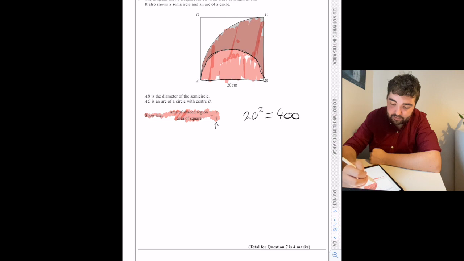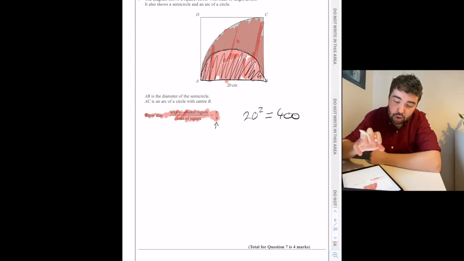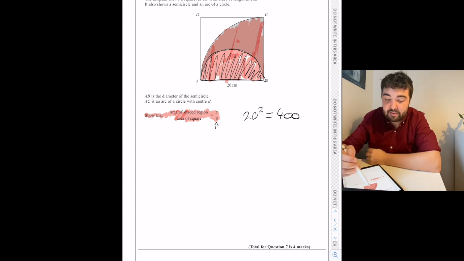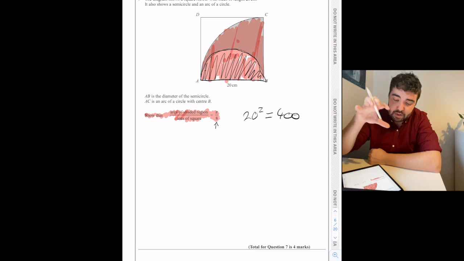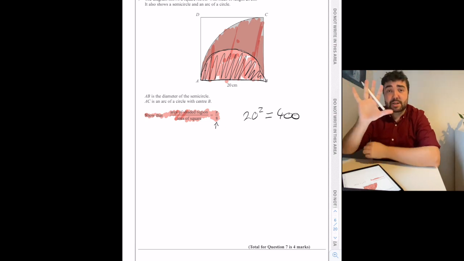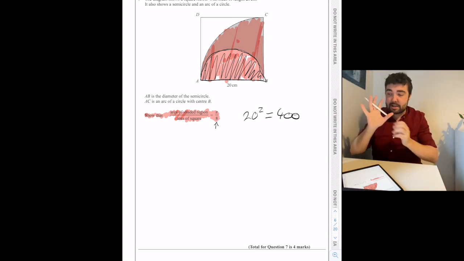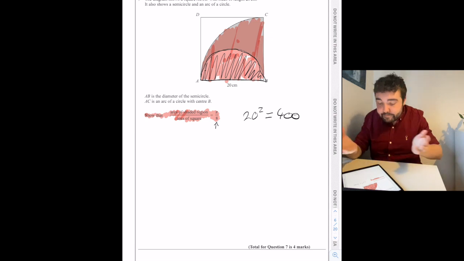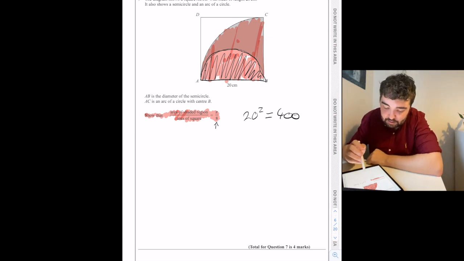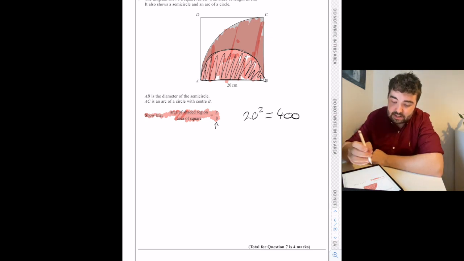That's how I think of it, and that's the best way to picture this. So I'll work out the quarter circle first, and then I'll cut that semicircle out of the area of that. And that's the best way to think about these questions in general, I'd say. Work out what your big shape is, and then cut the little shapes out of it. That's what I'd do.